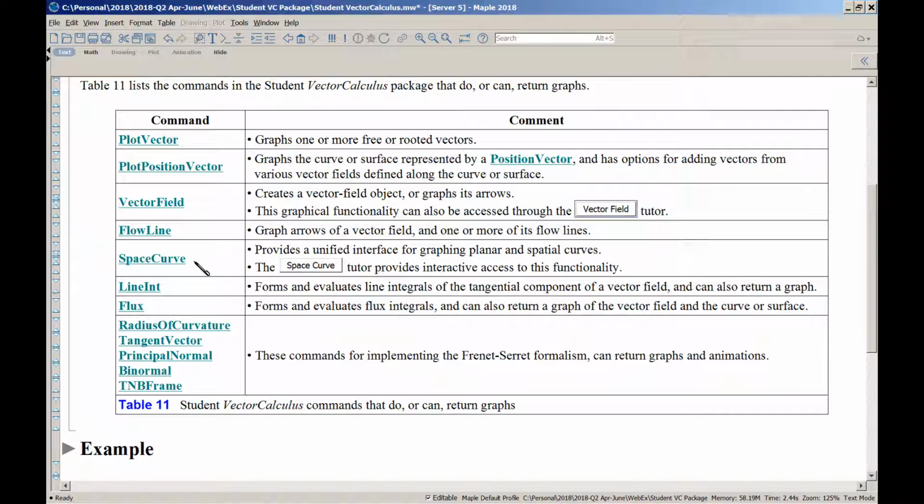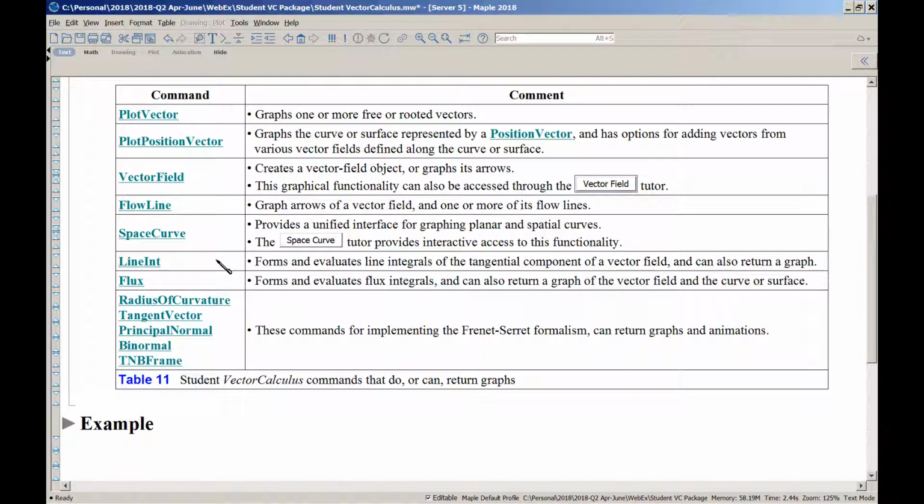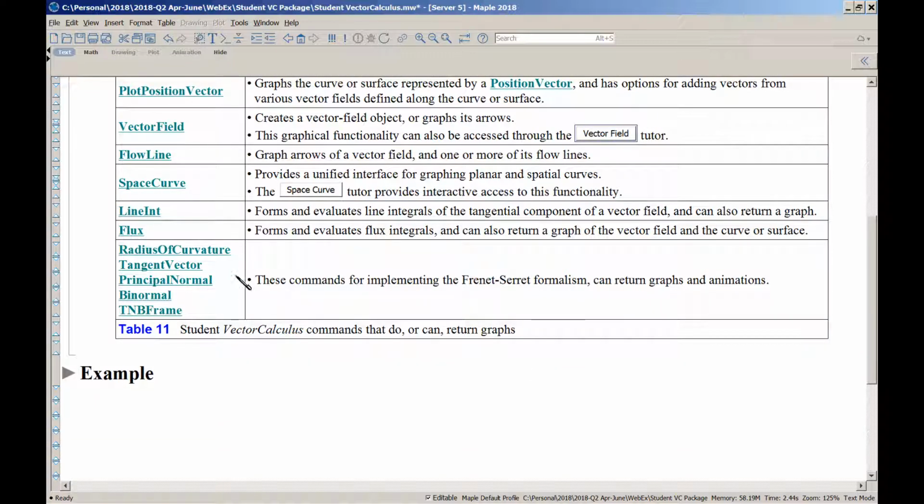It should be, in fact, available at top level, but that's neither here nor there. And then I showed you the space curve tutor, which will do this stuff interactively. The LineInt command, I mentioned that. It will draw a graph under the right set of inputs. The Flux command similarly, and then these commands that we saw for the Frenet array formalism, they draw graphs also with the right options.